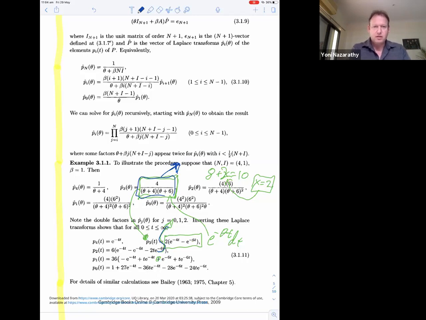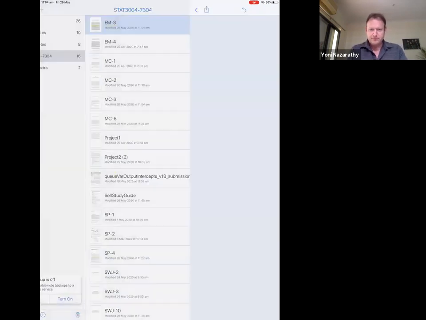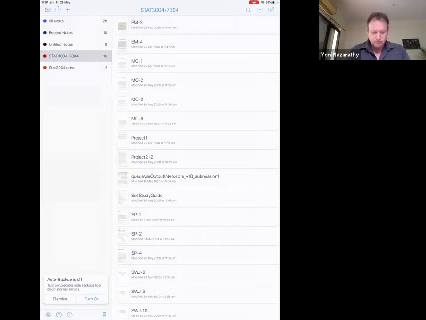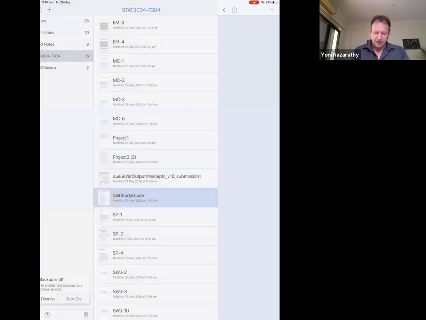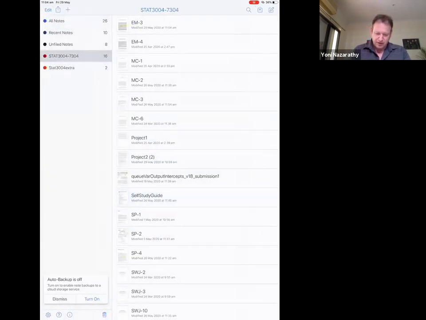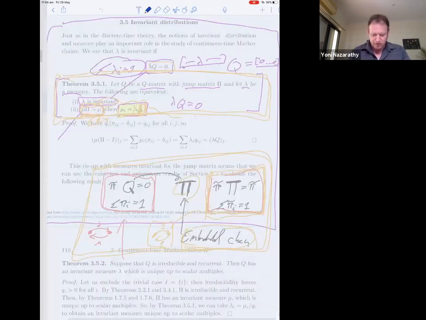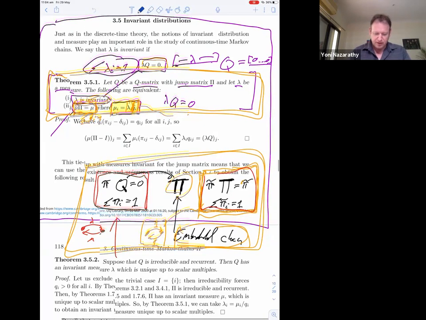All right, so let's get back here to the self-study guide, and we stopped in MC3 section 3.5, invariant distributions. I thought Tuesday that we would finish it by that time, but we didn't.